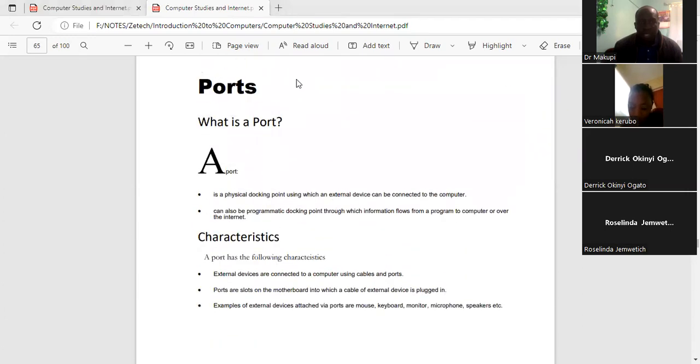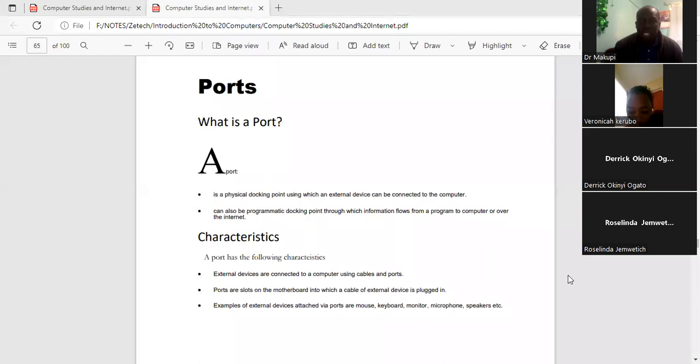So this takes me to something known as ports. Ports, as the name suggests, is like a port, the docking point where normally you dock the ship at the coastline. It's the same thing that has been brought to computers. But normally now, when we talk about a port in computers, it can be a physical docking point from which external devices get attached to a computer.